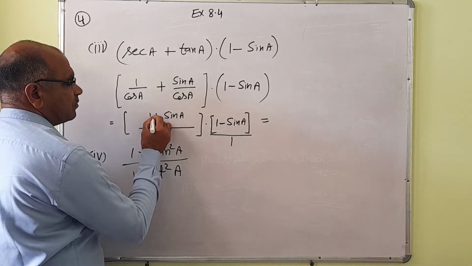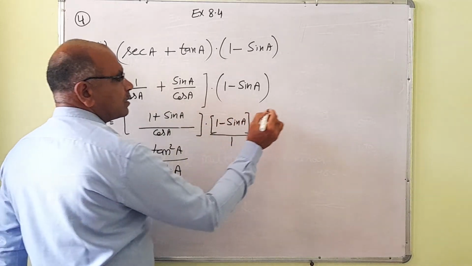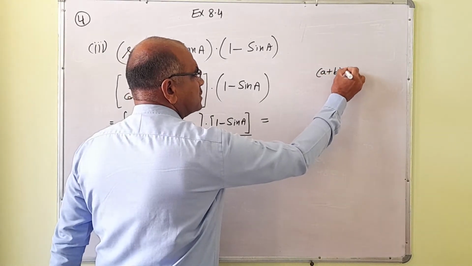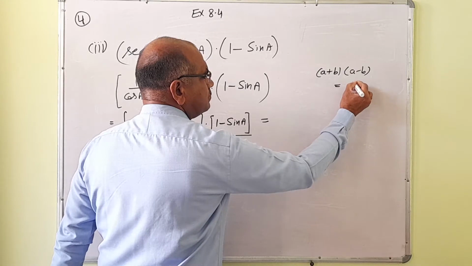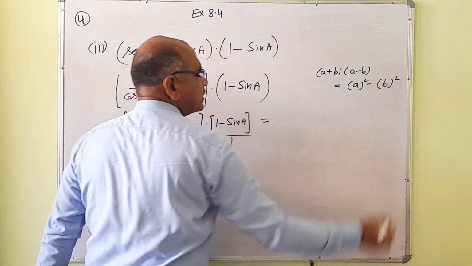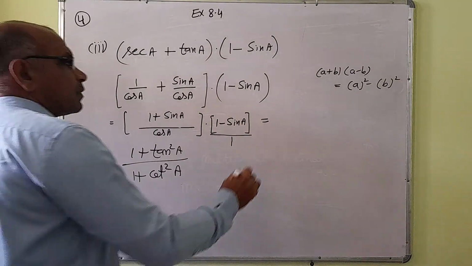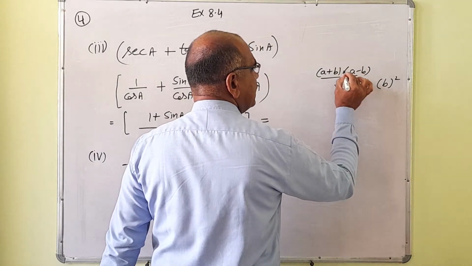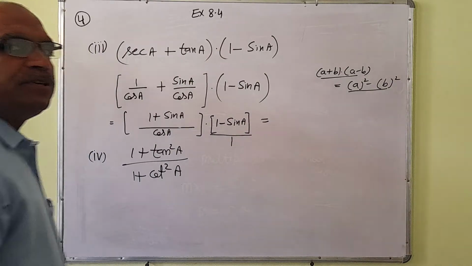This is the term of a plus b and this is the term of a minus b. If we multiply a plus b and a minus b, we find a square minus b square. This is a simple algebraic formula, the identity a plus b into a minus b, we find a square minus b square.